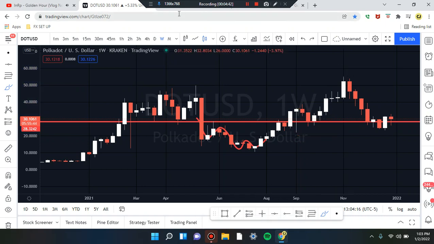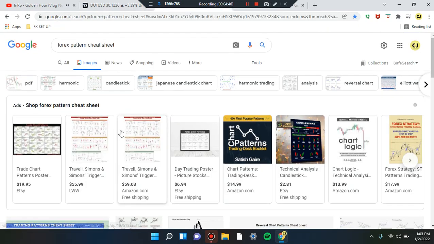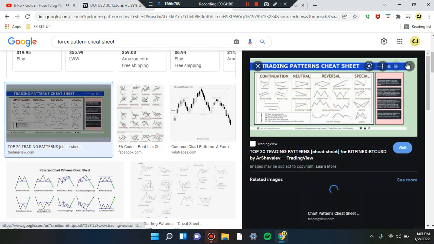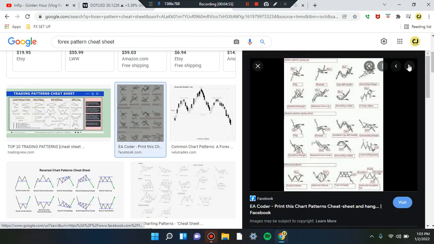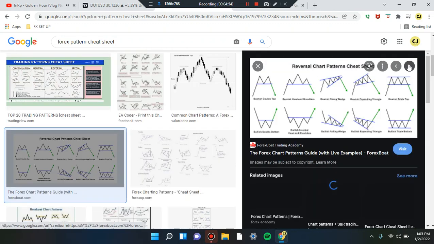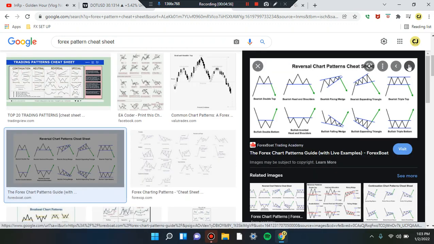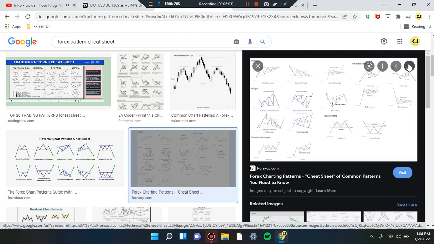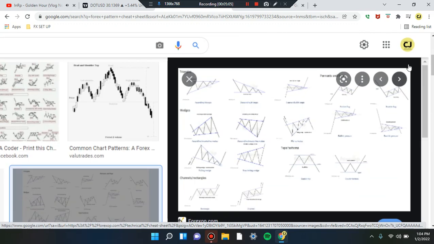Let's look for that structure. We did see the incline wedge with the resistance areas having that issue breaking. So let's see if we can find it. Okay, I see something similar on the charts, but this is a better one right here.